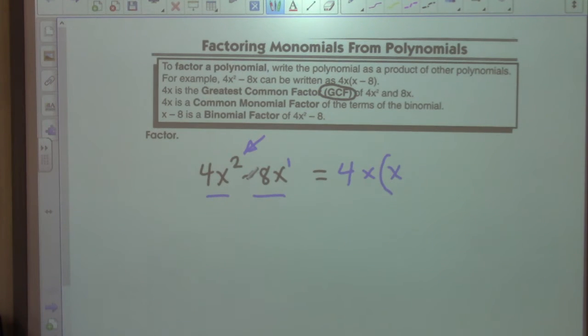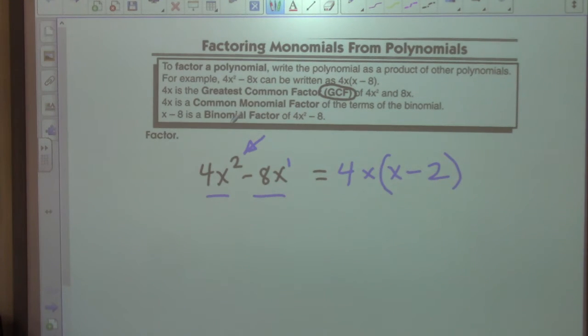We know we have a minus sign here, so we have to have a minus sign here. What times 4x is equal to 8x? Somebody said hesitatingly 2, but that's right. Now you can see that if we multiply these back together, we get this. This is what's called a successful factoring.